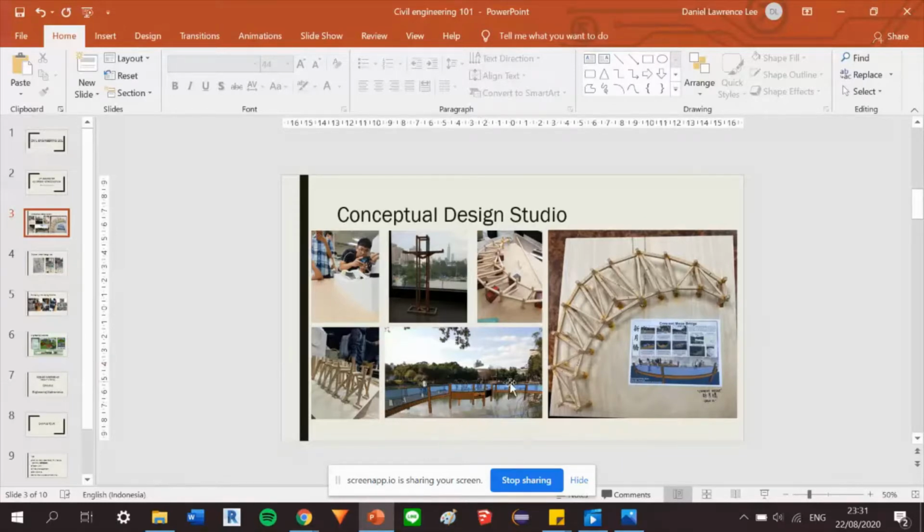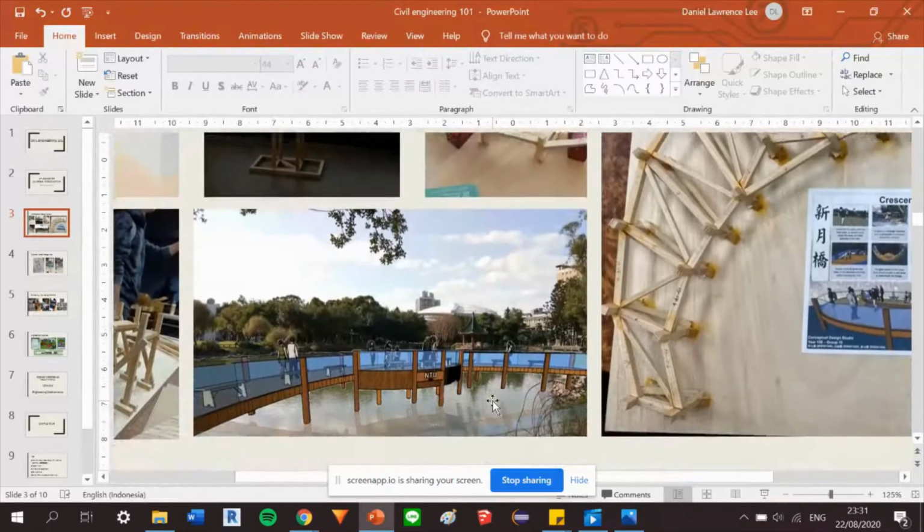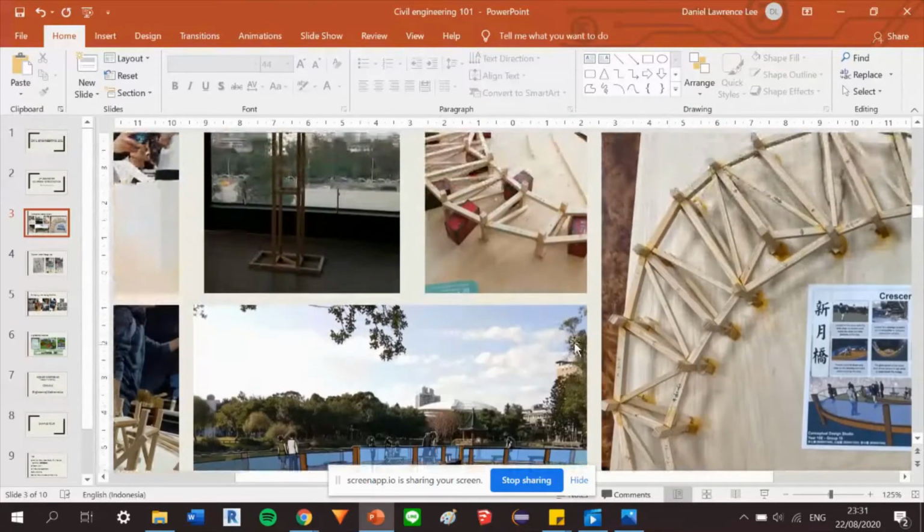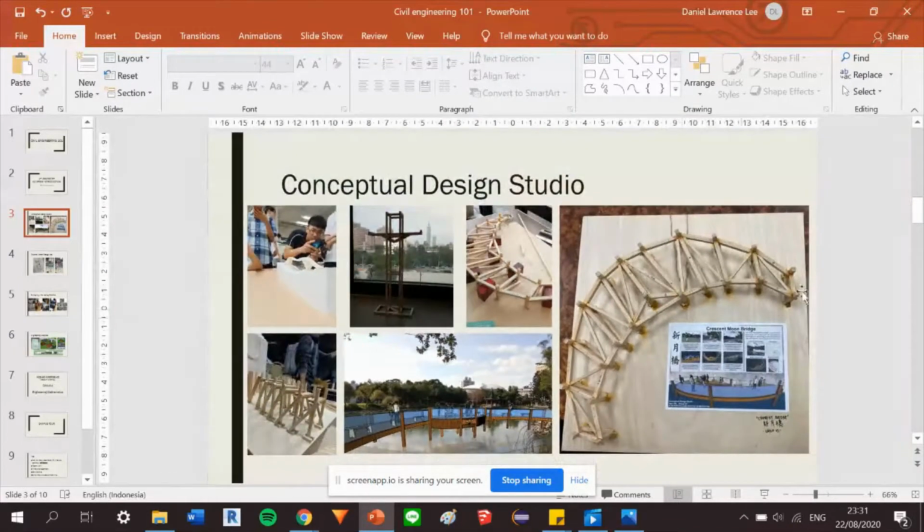Here, the bridge we imagined would be placed at a lake in NTU itself. In designing things like this, we also need to consider the forces and a lot of other things. Those are the things you are going to study in Conceptual Design Studio, like how to make things using these wood materials and those kinds of things.